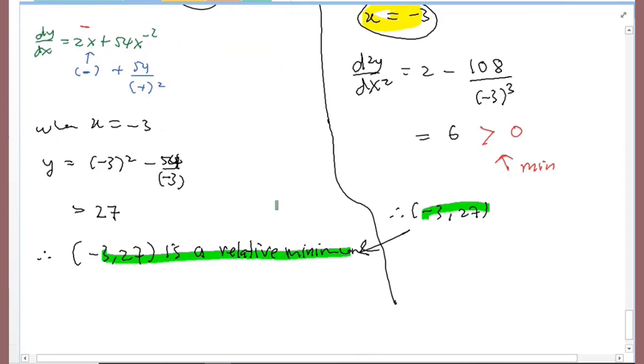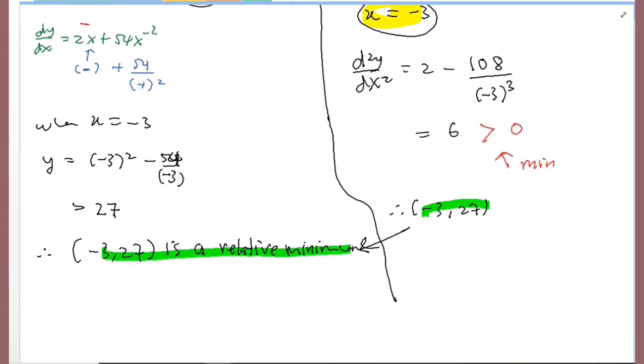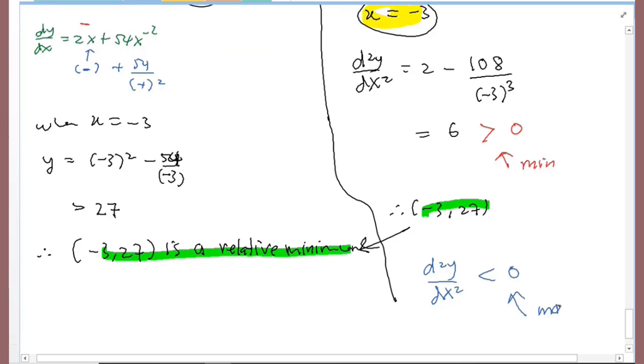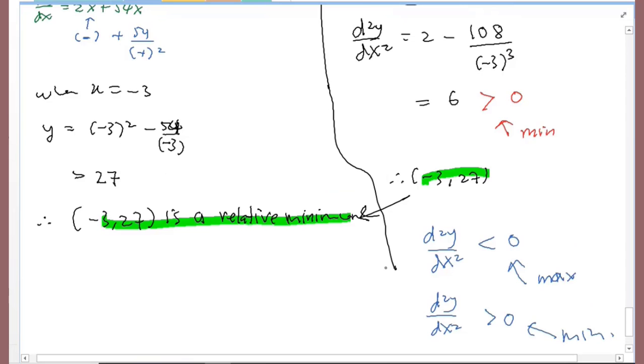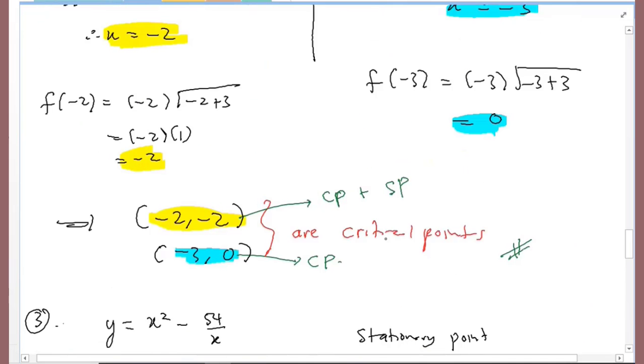Make sure that if d2y/dx squared is less than 0, this is a maximum. More than 0, minimum. Relative. Settled for number 3.